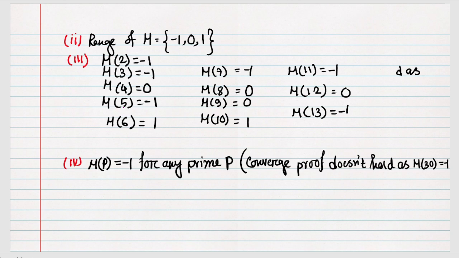It is -1 if n is a square free integer with an odd number of distinct primes, and 0 if there exists a perfect square among the divisors of the number n, and mu of 1 is always equal to 1.